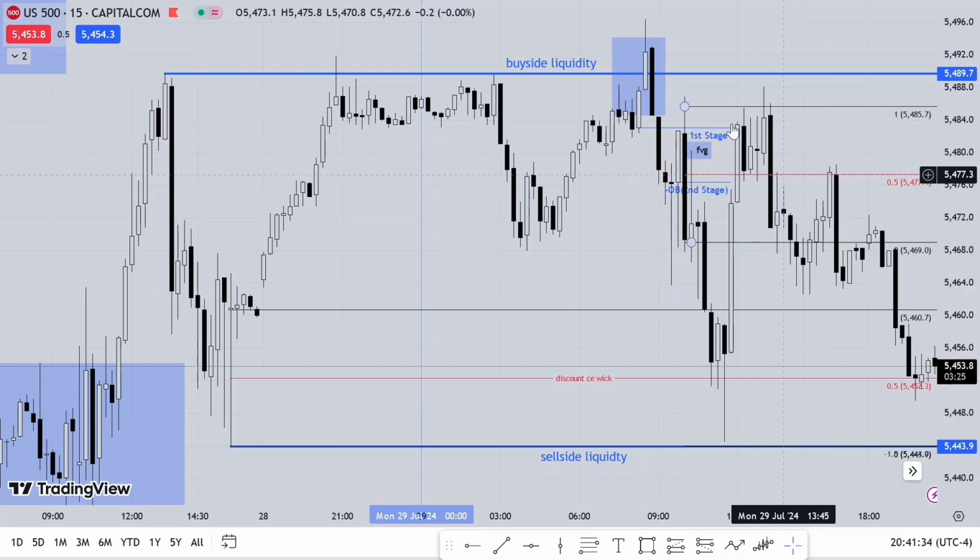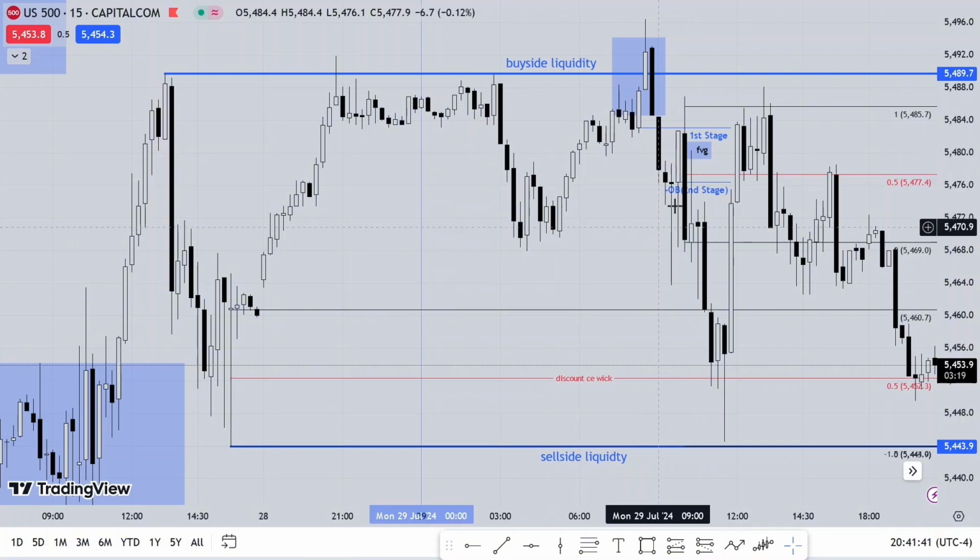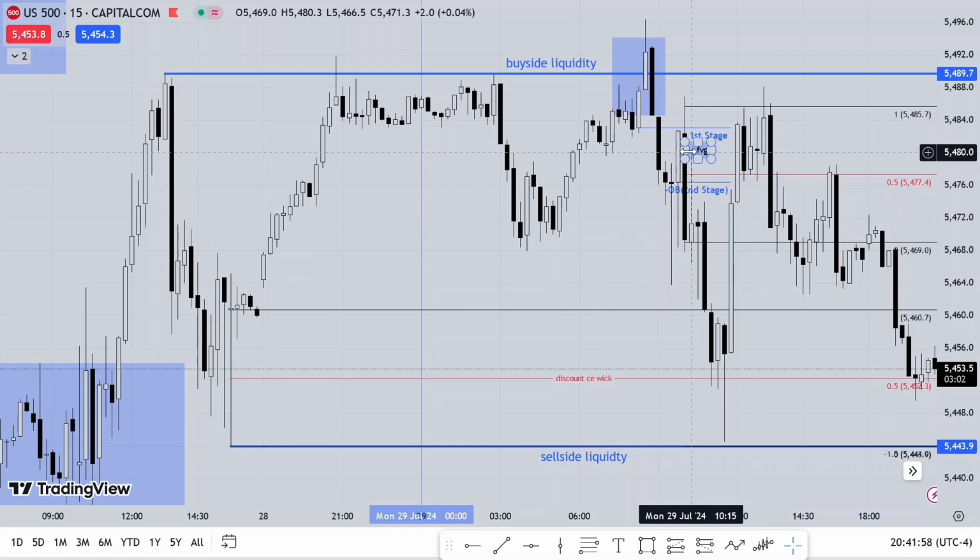So you should have already scaled a significant portion of your position off at these lows, this liquidity void, and also this, because all of these PDRAs are discounted PDRAs which are below the current market price.